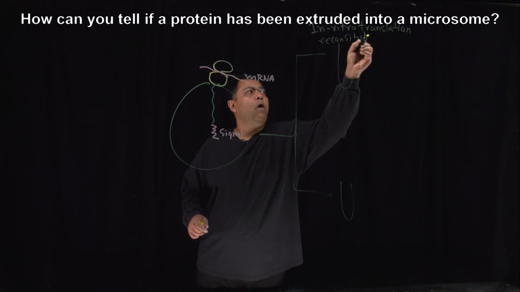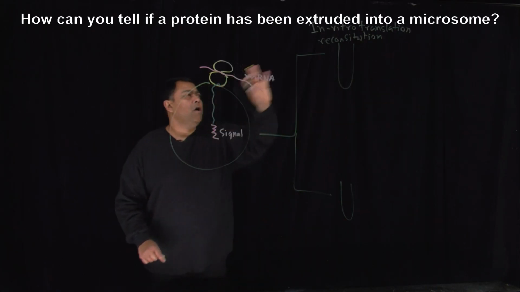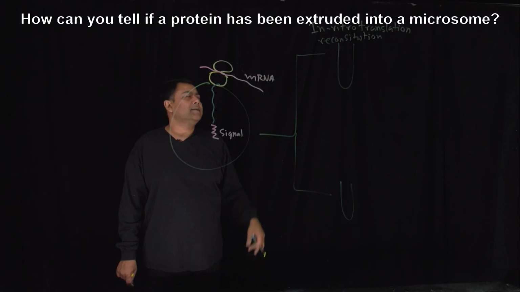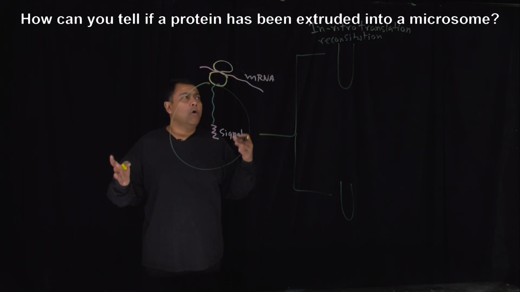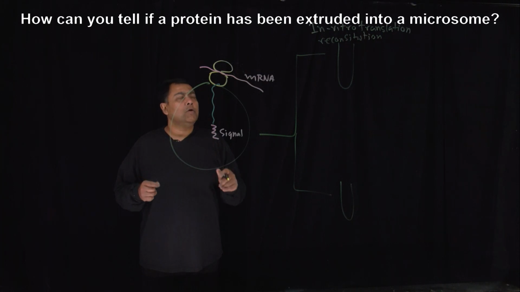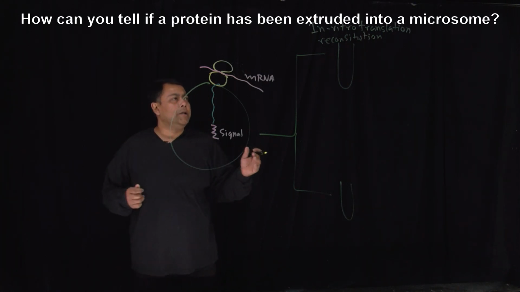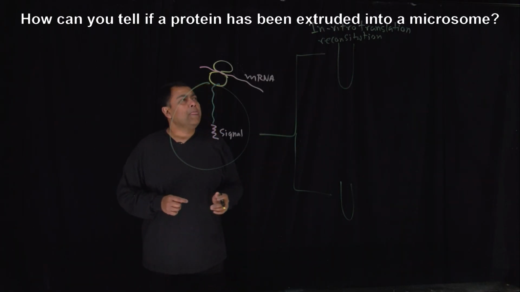You add all the material that is needed: all the tRNAs, all your amino acids, your buffers, your enzymes, your ribosomes, your mRNA.